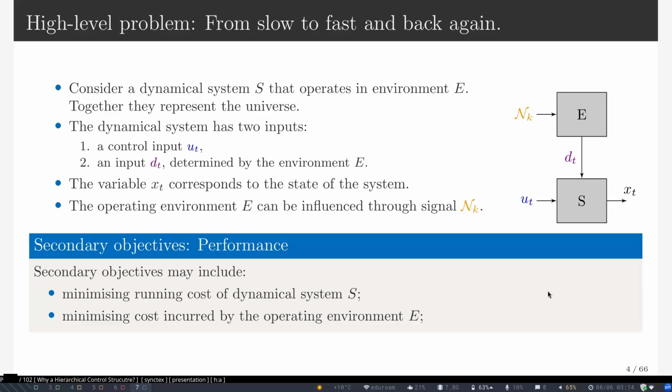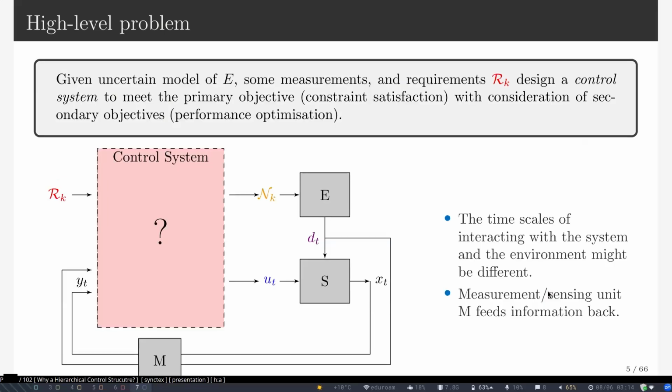And remember, I'm arriving at it from a very engineering point of view. I don't care about it. Costs are mainly made up. I care about satisfaction, about meeting specifications. That's why I put that as primary. Okay? So given some uncertain model of E, some measurements, and some requirements, requirements are really things that set those constraints that we want to operate.